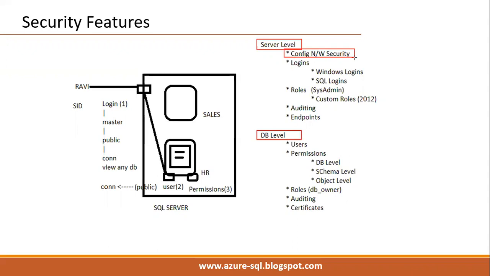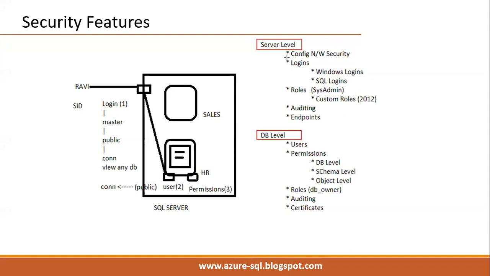We have to configure the port number, which we have seen in module 2. We can assign the port number and add that port number into the Windows firewall, so that it should allow access.